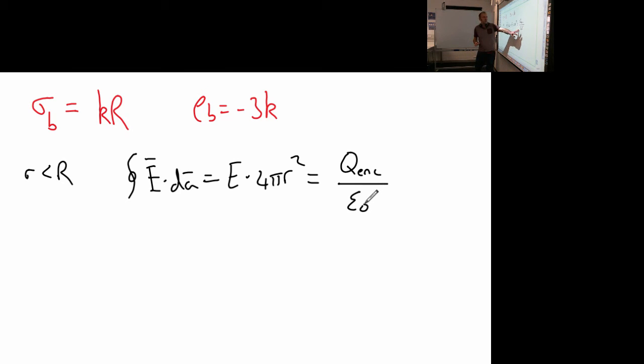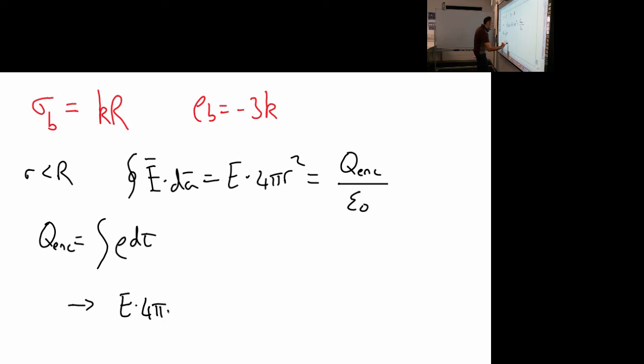Now what is this total charge enclosed? Well, what we can write as the total charge enclosed is just equal to the volume integral of the volume charge density, rho d tau. So now what this gives us for inside is the electric field times 4 pi r squared will equal the volume, 4 pi r cubed divided by 3, times rho, all divided by epsilon naught.